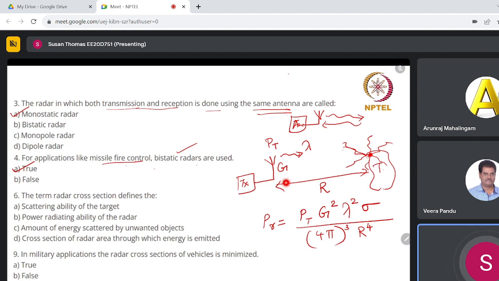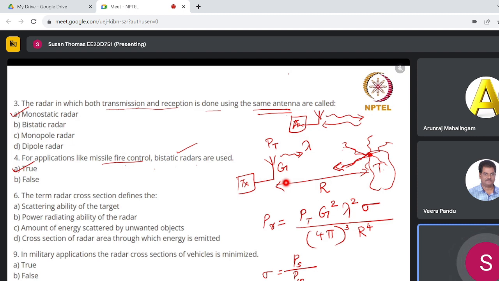If you take the ratio of the scattered power in one particular direction to the incident power, that ratio is called the radar cross section.